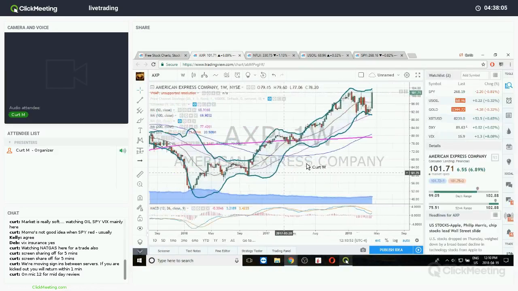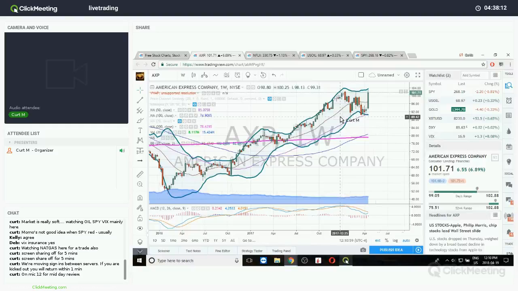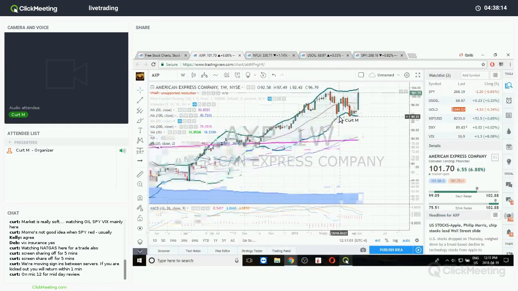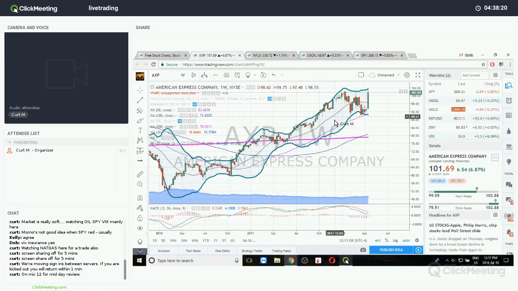Just taking a quick look. 2050. 200's way below. Hit the top of its Bollinger Band there. Came off. Just wanted to get a quick feel of the structure. Say it's too late to enter now. This is one we've been in and out of.